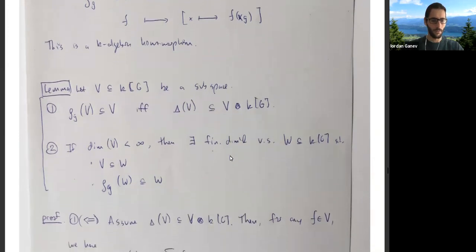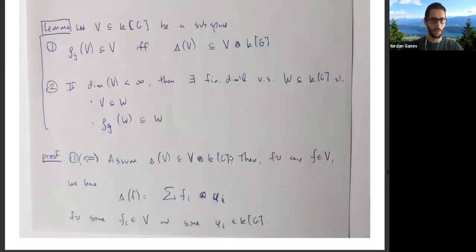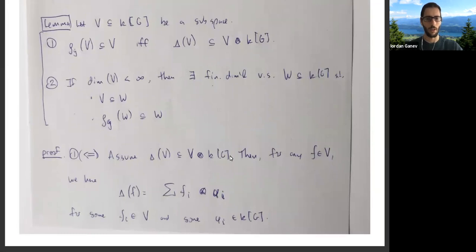All right, so how do we prove this? We're going to start with this assumption and prove this claim. If we know that the coproduct sends V into this subspace, what does that mean?